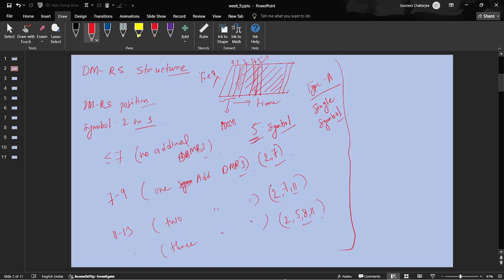So when you mention type A DMRS, what are the favorable occasions for which we are supposed to use this particular kind of DMRS?